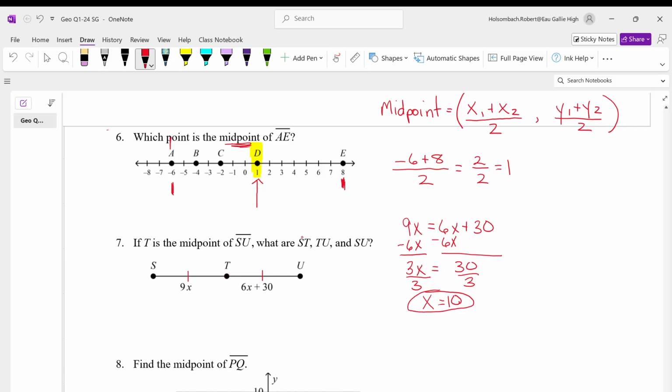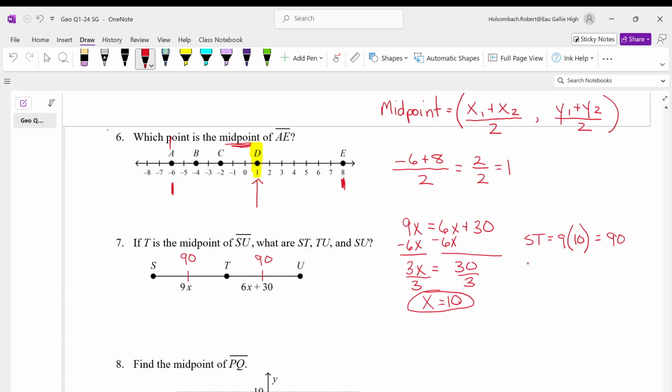So we need S to T. S to T is equal to 9 times 10, which is 90. If S to T is 90, what's T to U? How far is it from T to U? 90. We can do it mathematically as well.